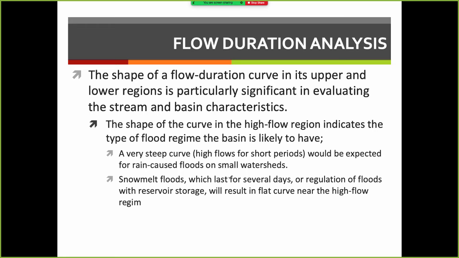So think of it as almost a flash flooding. Whereas in contrast, snowmelt floods, which last several days, or regulation of floods with reservoir storage, would result in a flatter curve near the high flow regime.